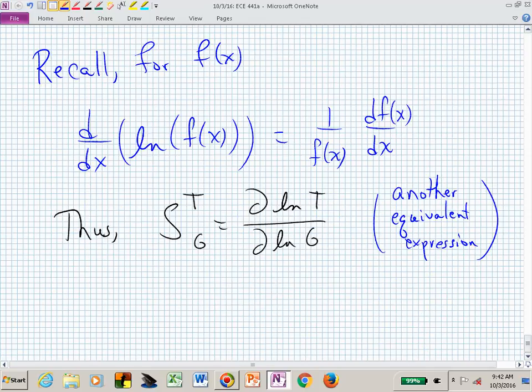That's why we have these two different ways of expressing the same thing. We should end up with exactly the same answer using one or the other.